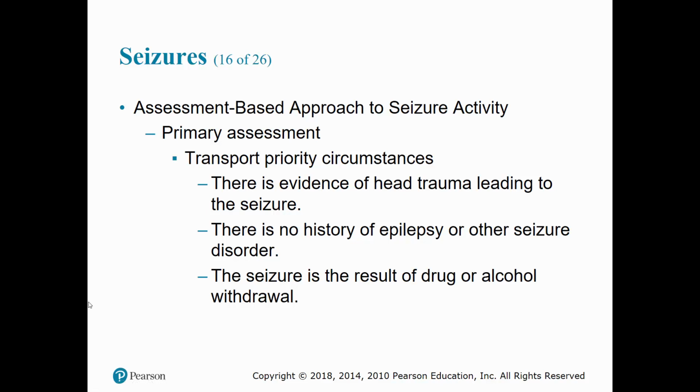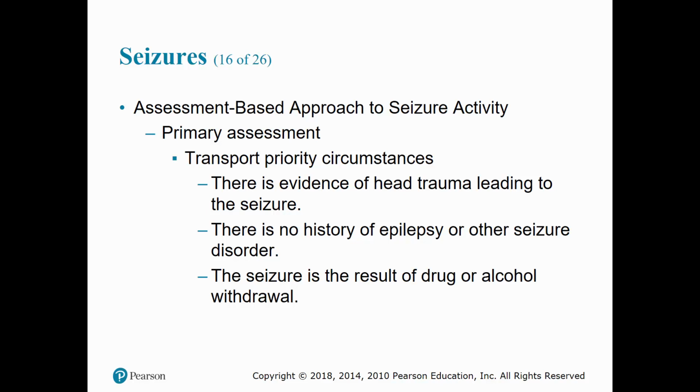All right. What are some indications that a patient is having or has had a seizure? And if you determine they have, what makes them a high priority for transport? These are some of the things you need to be thinking about. Any evidence of head trauma leading to the seizure?